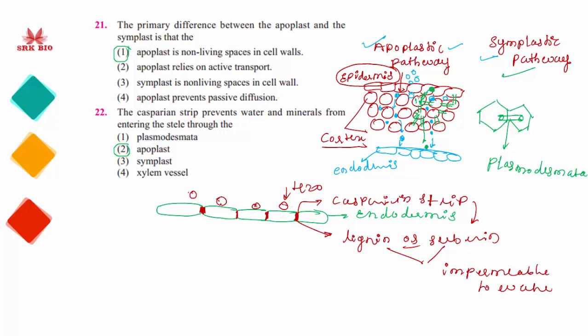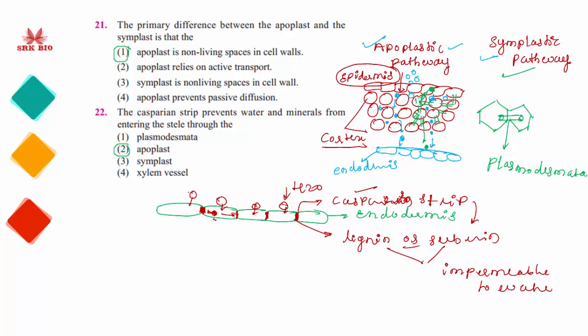If the water molecule enters into the endodermal cell, on the adjacent sides of the cell there is a presence of the Casparian strip, and it is impermeable to water. Therefore, the water molecule cannot move either in this direction or in this direction.